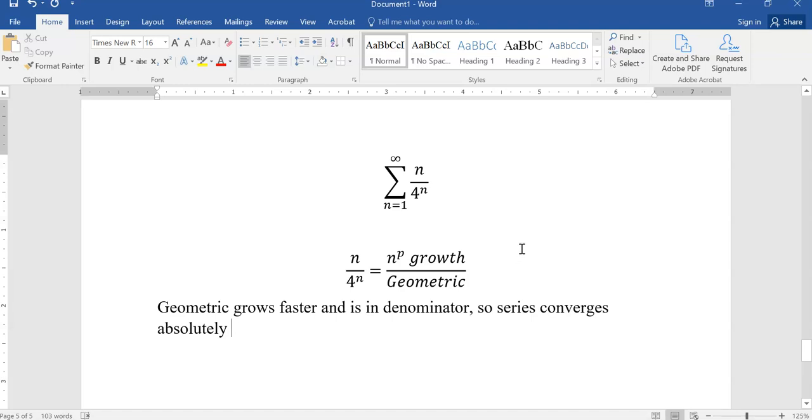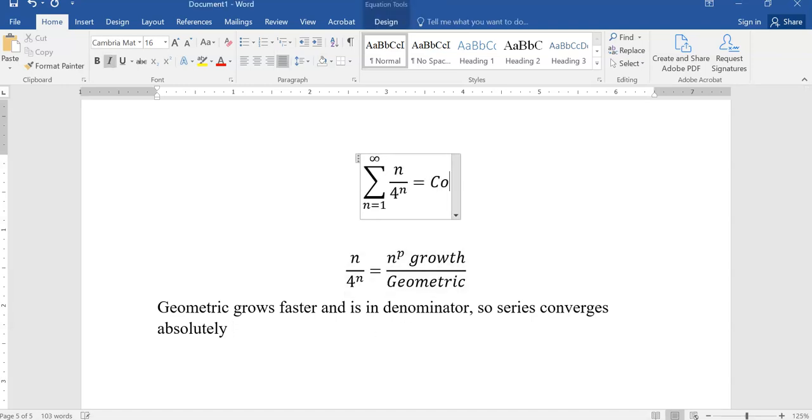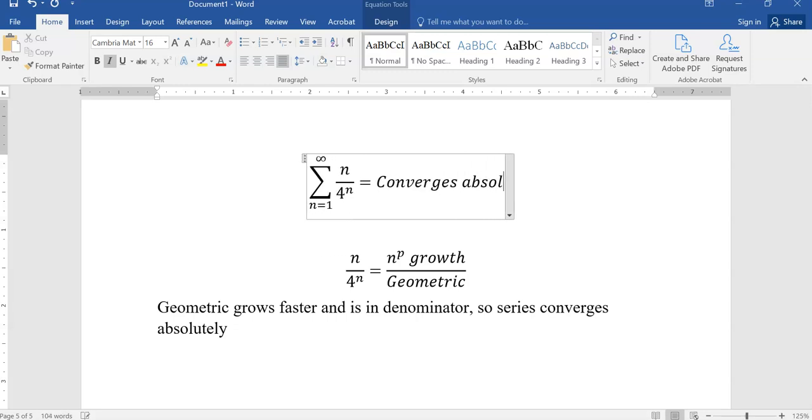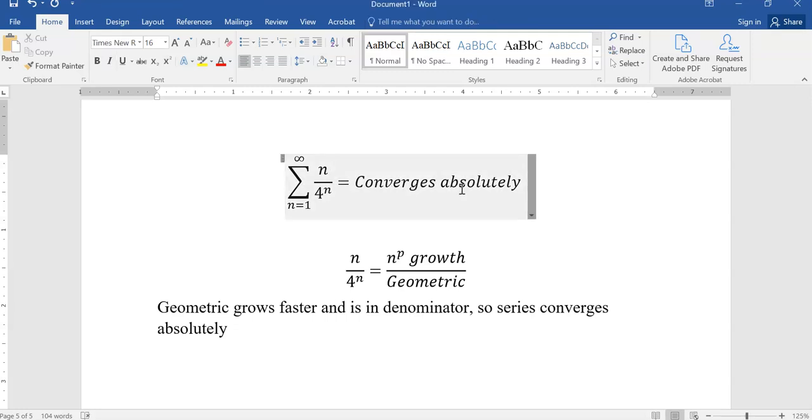So geometric grows faster and is in the denominator, so the series has to converge absolutely. So based on the ratio test, this is converging absolutely. There we go. And that's it.